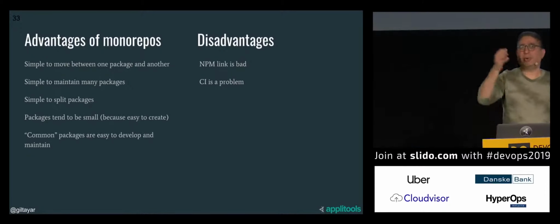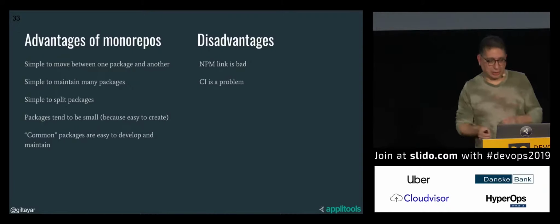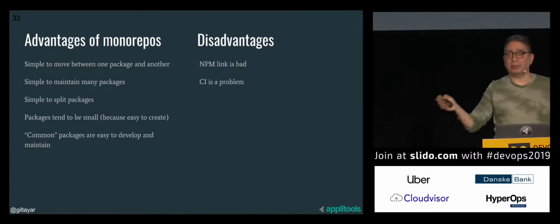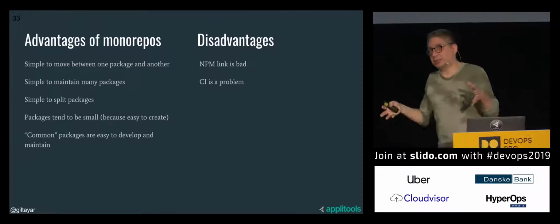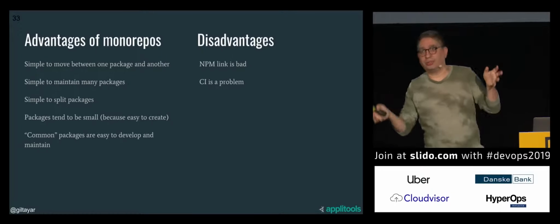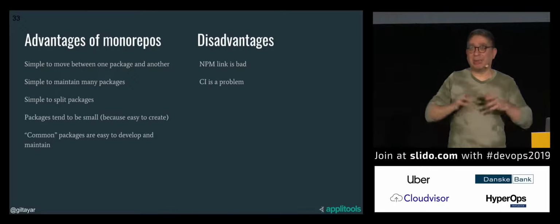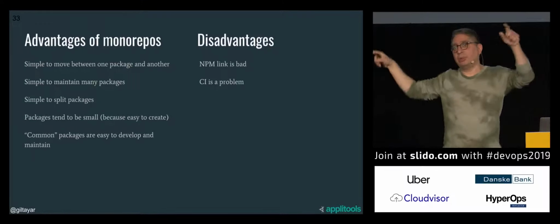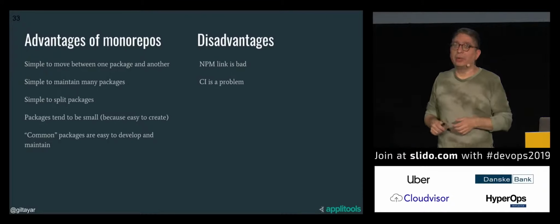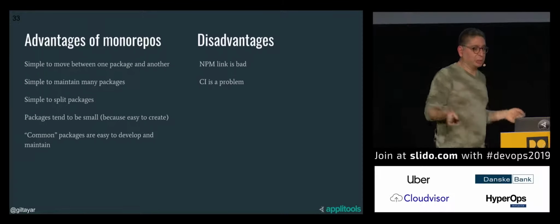No need to create Git repositories and CI/CD and all that stuff. It's simple to maintain all those many packages: one push and one pull. It's simple to split. Sometimes a package becomes too big. No problem, we split it, and then we go to all the packages and refactor whatever we need to make that split happen.